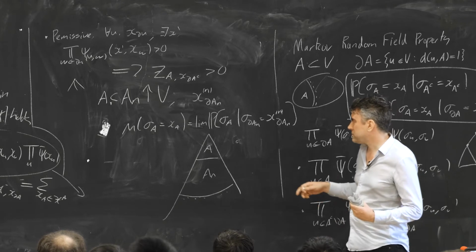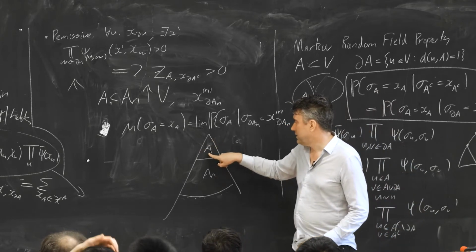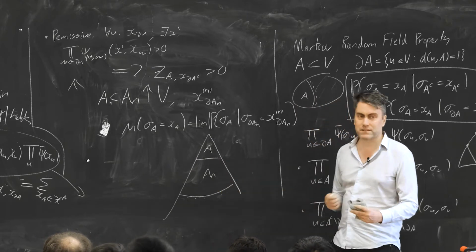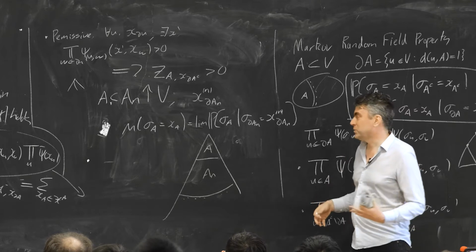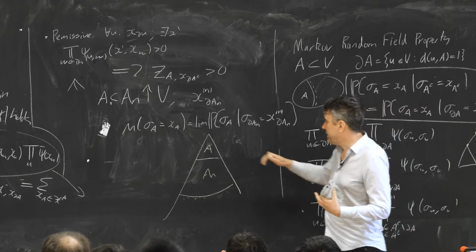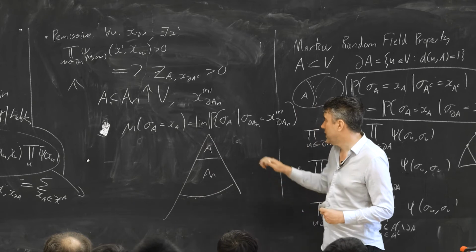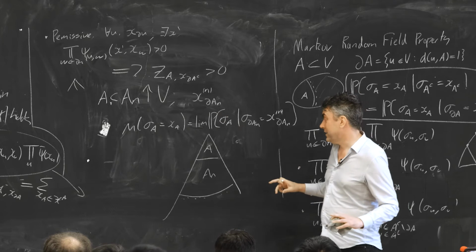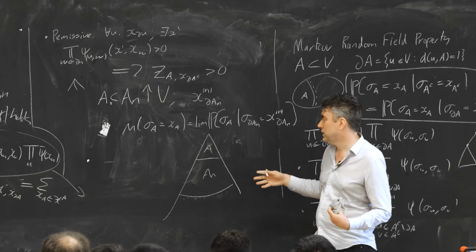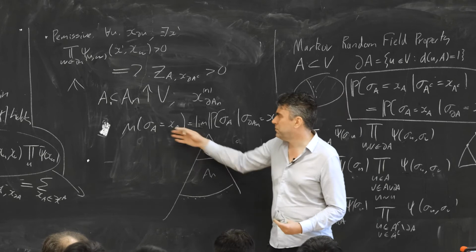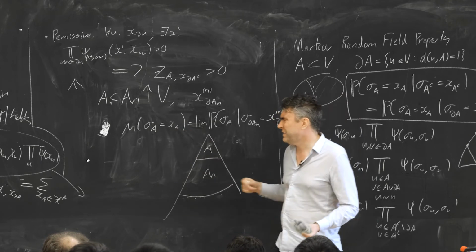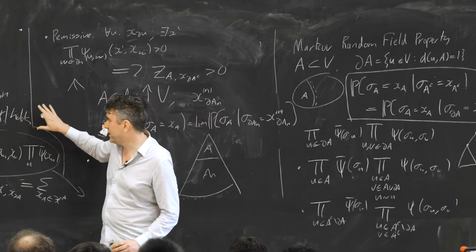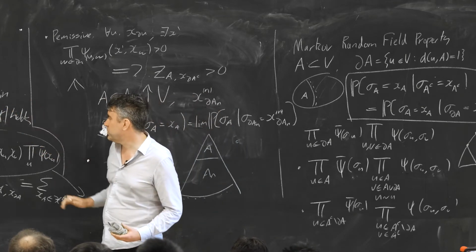This is for some fixed A, and then for bigger A's, I could find some further subsequence of that, and I could use a diagonalization argument to take a weak limit along some subsequence of these A_n and their boundary conditions, such that it converges to some Gibbs measure mu, and mu will satisfy the Markov random field property.